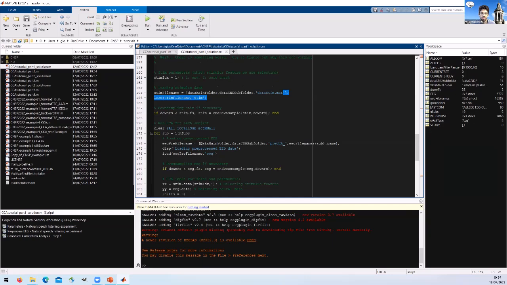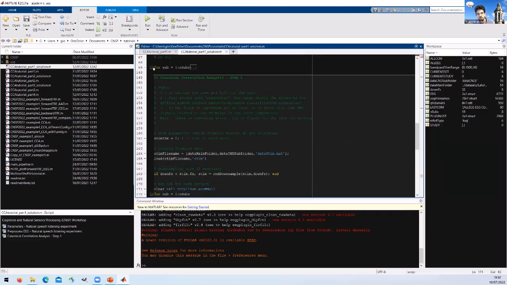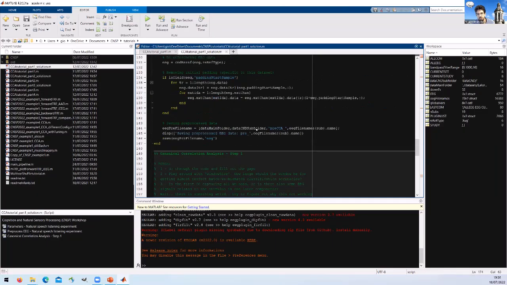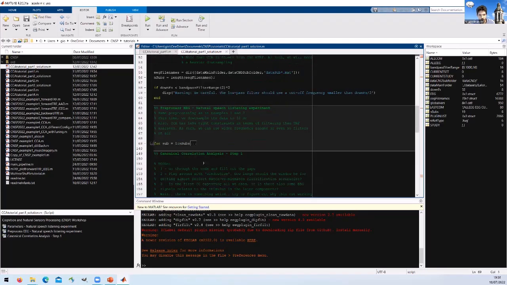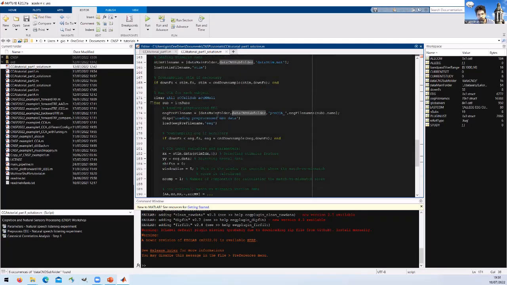Same thing for the EEG, stimulus folder, CND subfolder. Now, in this case, I am loading a different preprocessing file so that you don't override the one that you use for TRFs. If you look at the preprocessing, you should see at the end that I'm saving something called preprocess CCA, just so as not to redo things 1,000 times.